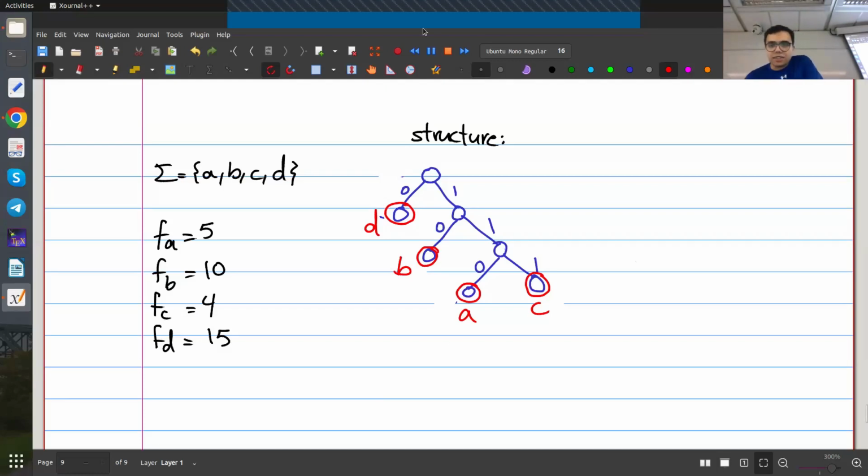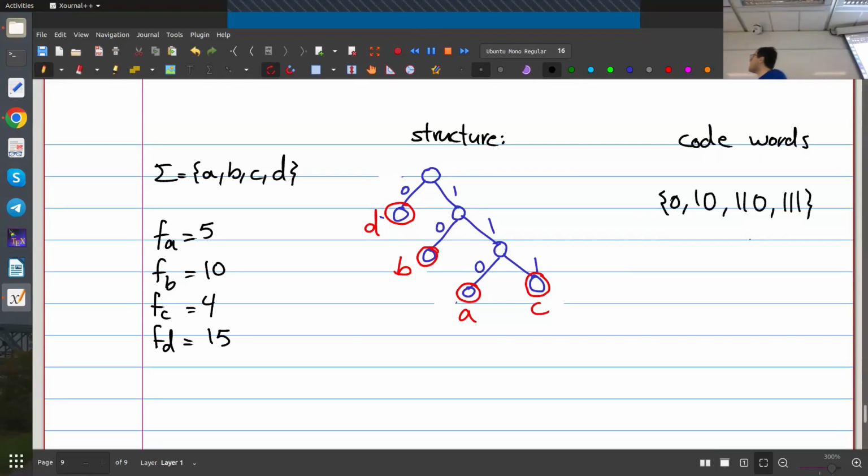And as we talked before, the structure is basically the same as the code words, right? So my code words here are 0 for D, 10 for B, 110 for A, and 111 for C. So if I either had this tree structure or these code words in the input, I could create my optimal code. I could assign the codes to letters optimally.